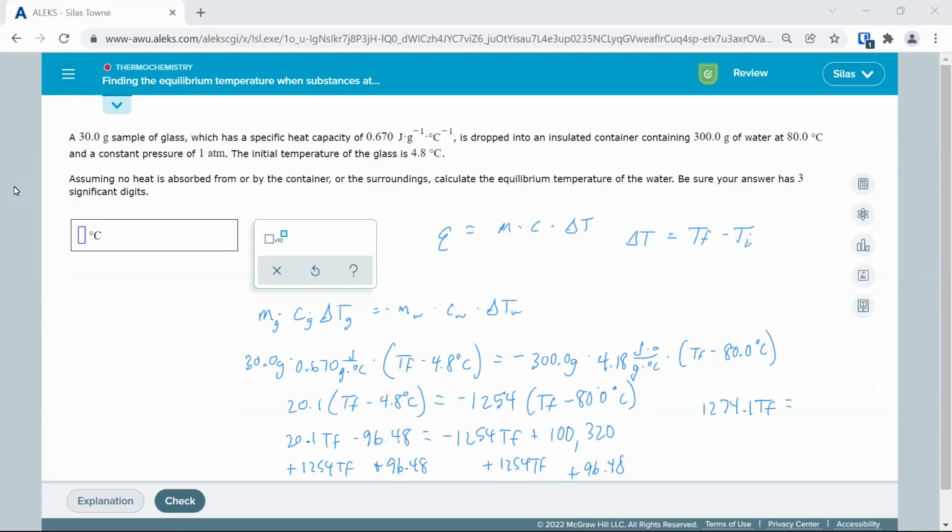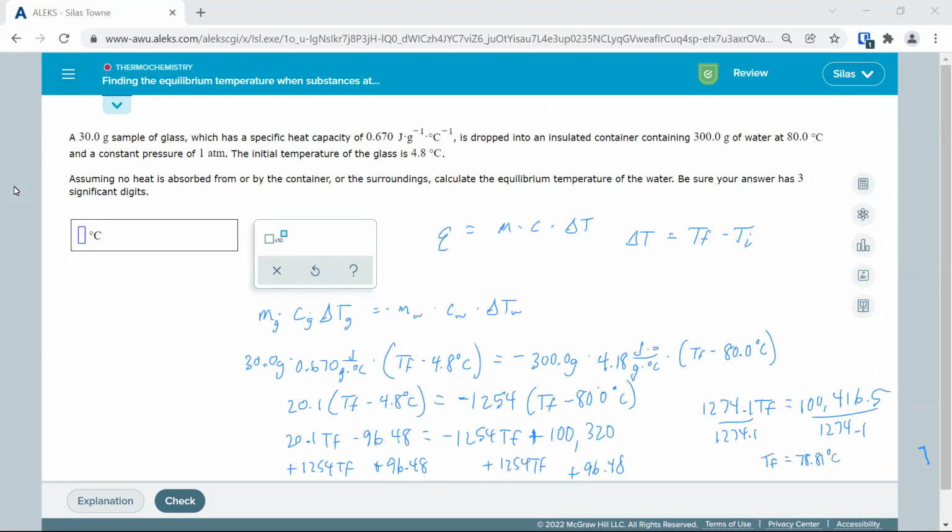And actually, this is a plus here because I did negative 1254 times a negative 80. Almost missed that there. So I get 100,416.48, we'll call it. Now I divide both sides by 1274.1, keeping extra digits, and I get T final equals 78.81 degrees C, which is right around where I guessed.